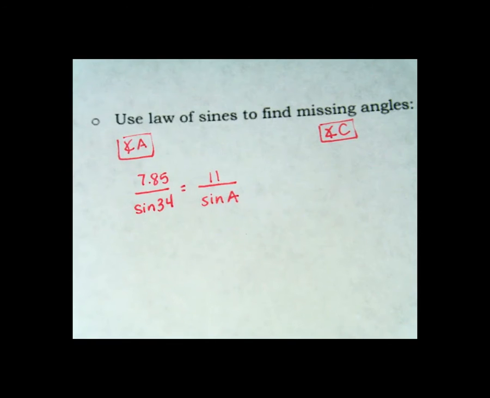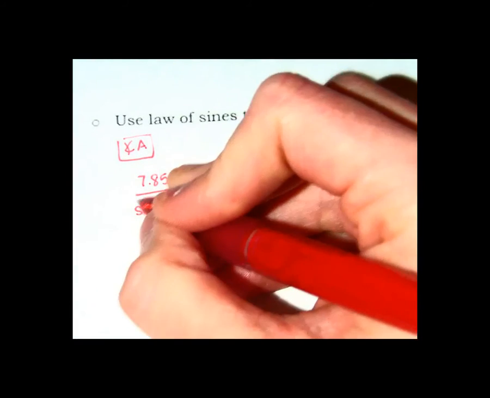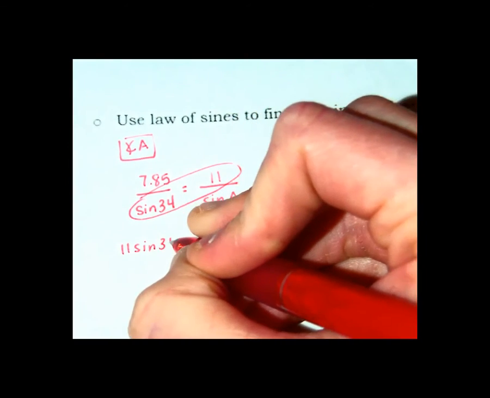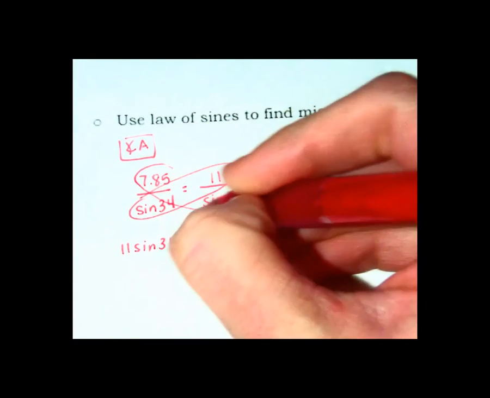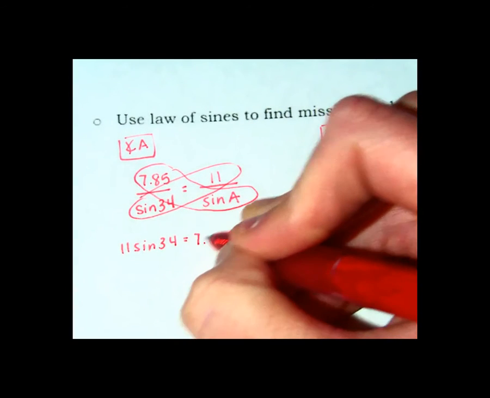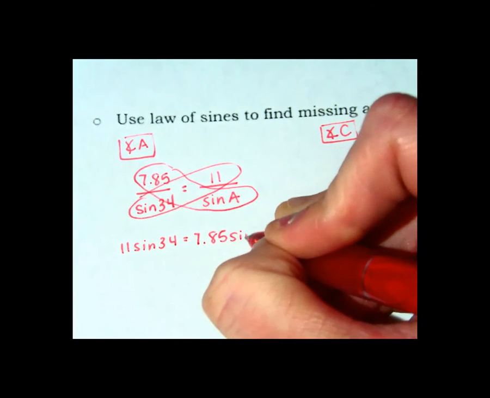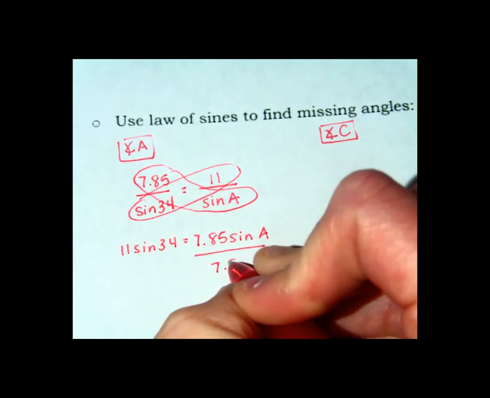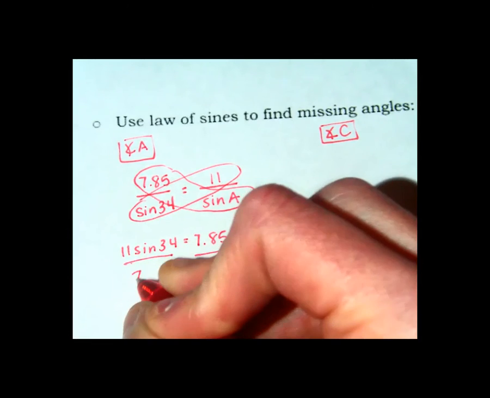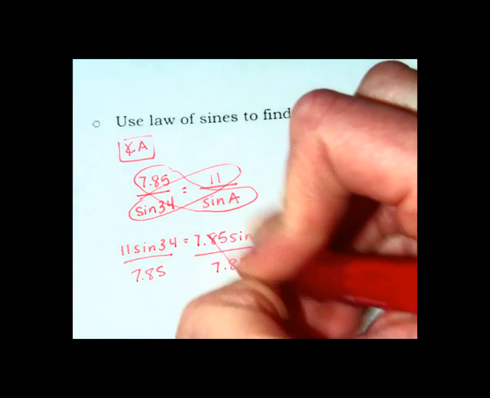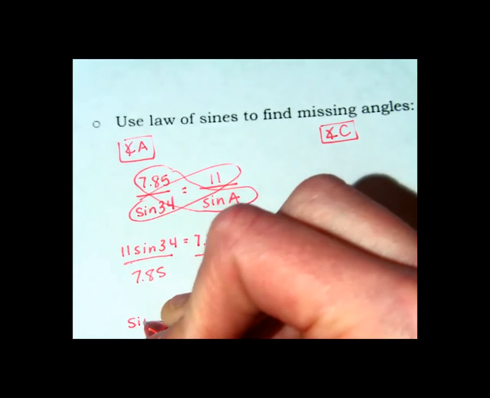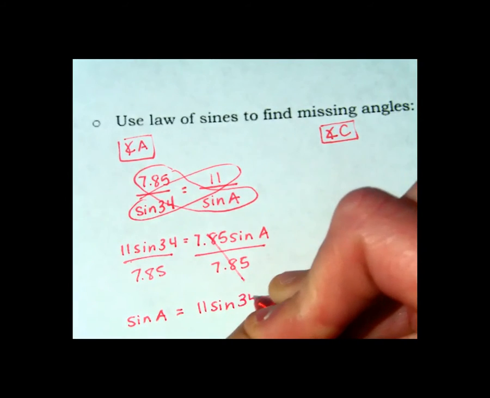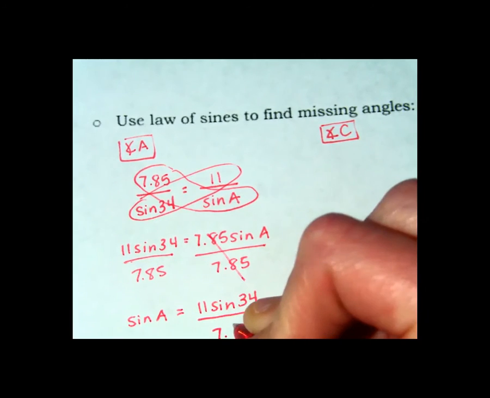Okay. How do we solve these again? So 11 sine of 34 equals 7.85 sine of A. Then what did you guys do? So sine of A equals 11 sine of 34 over 7.85.